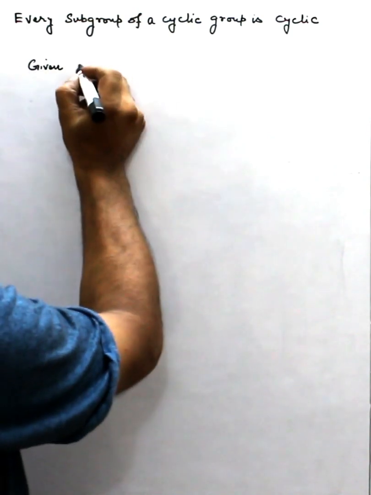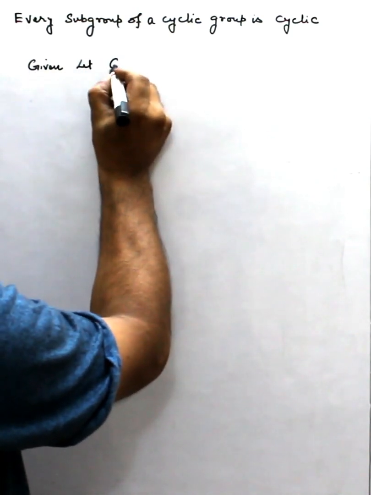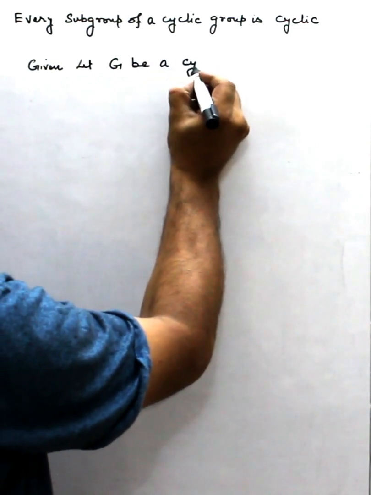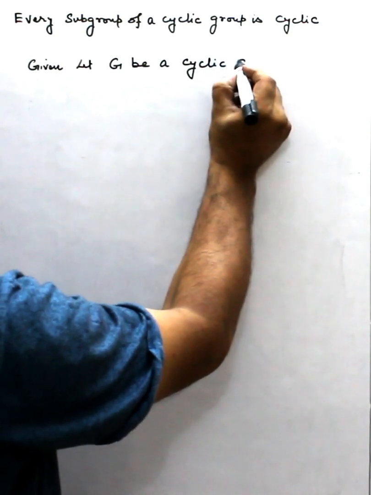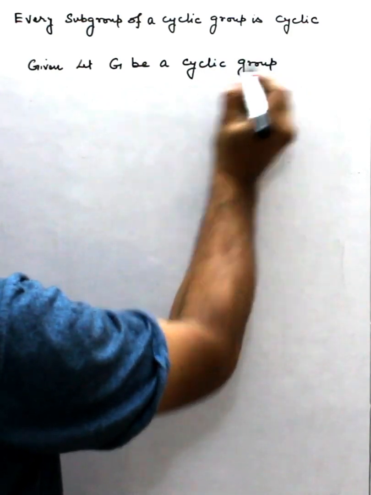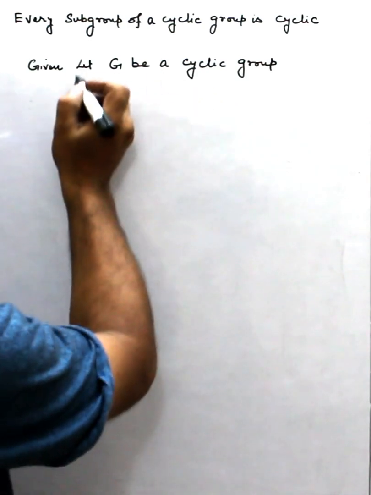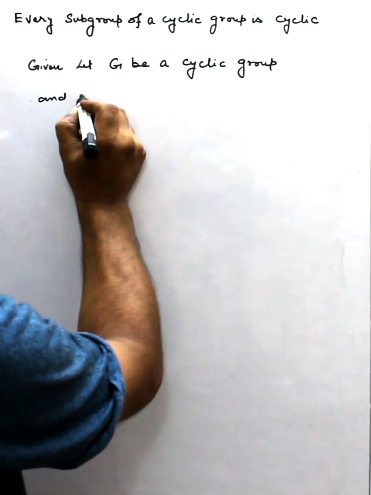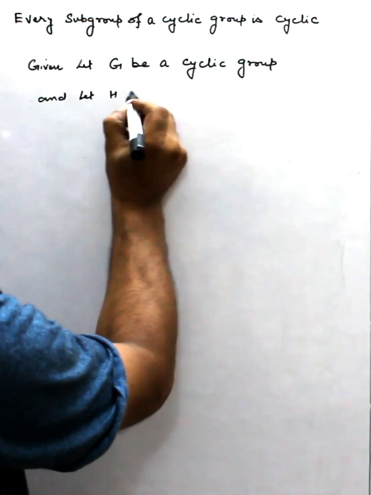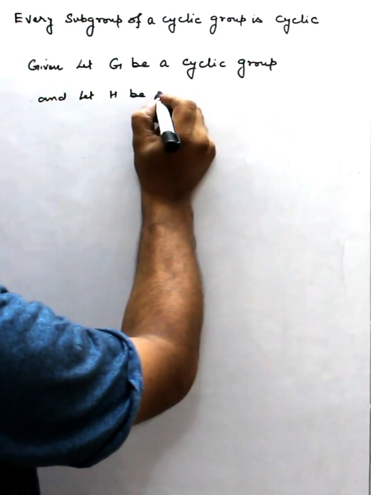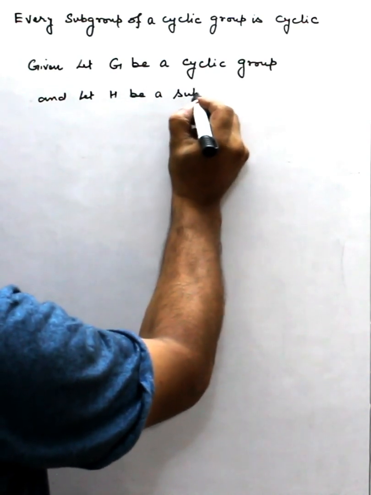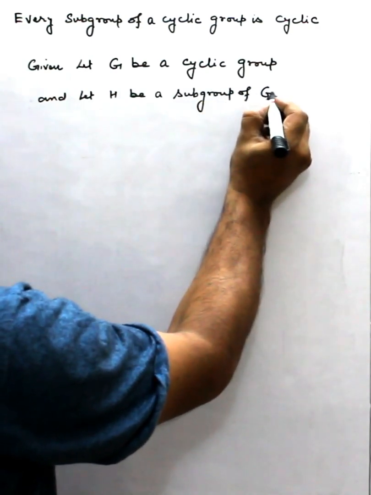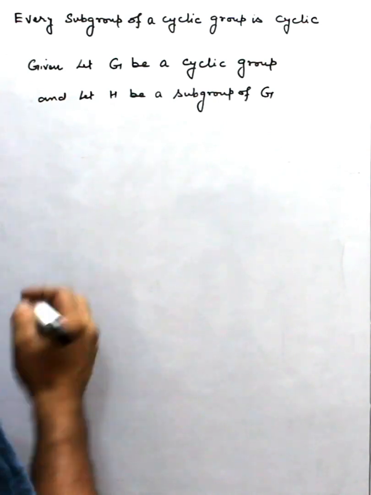So the given part: let G be a cyclic group. And the second thing, let H be a subgroup of G. Then what we have to show?